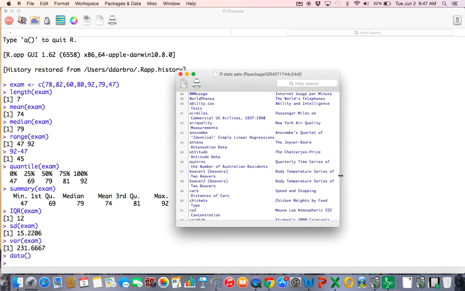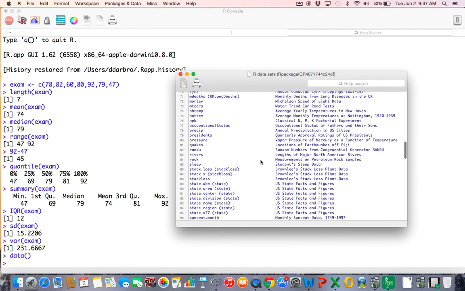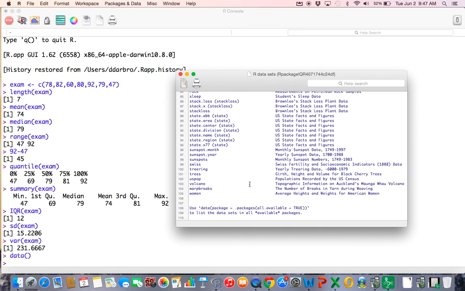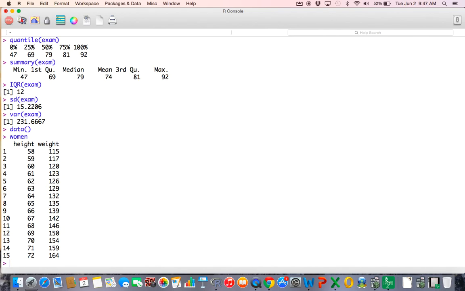If you want. I'm going to require you to play around with some of them. There's one on women, average heights and weights for American women. So, guys, if I wanted to access that, I could just type women. And it'll bring up heights and weights for 15 women.